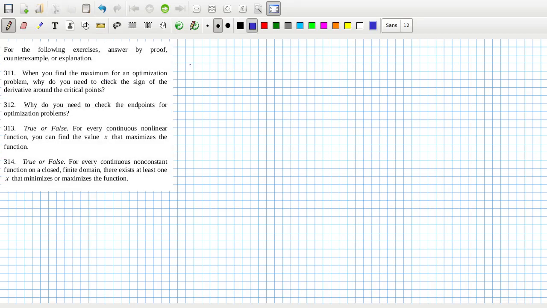When you find a maximum for an optimization problem, why do you need to check the signs of the derivative around the critical points? To check if it is a max or a min. Also, to confirm it's not a saddle point.